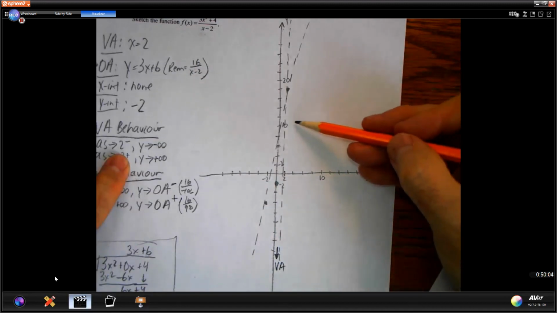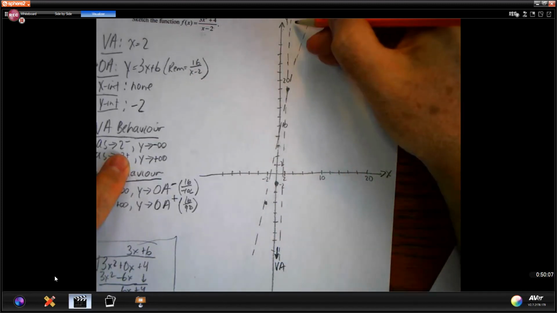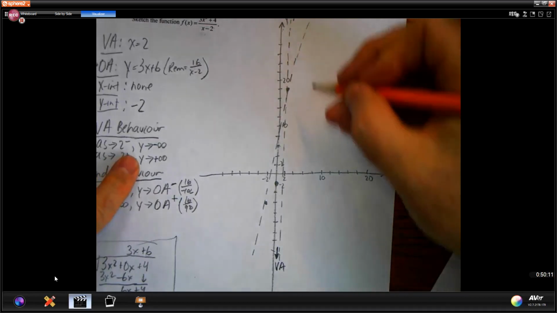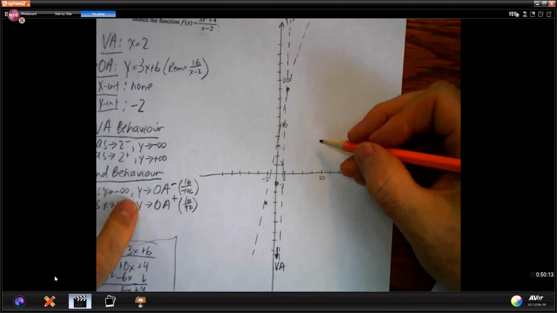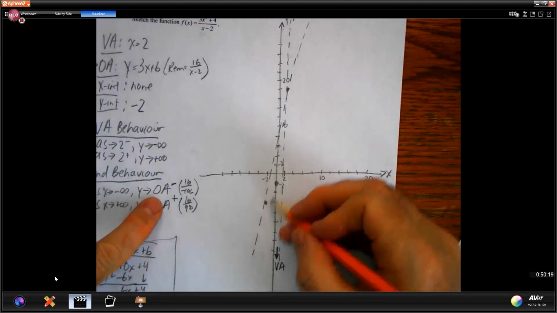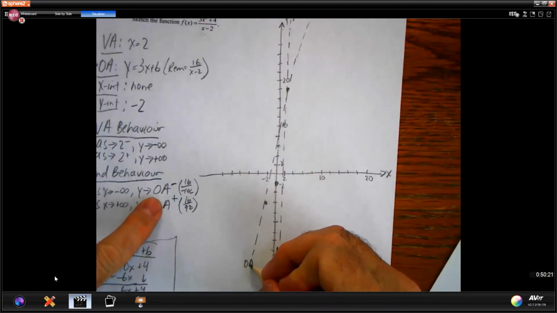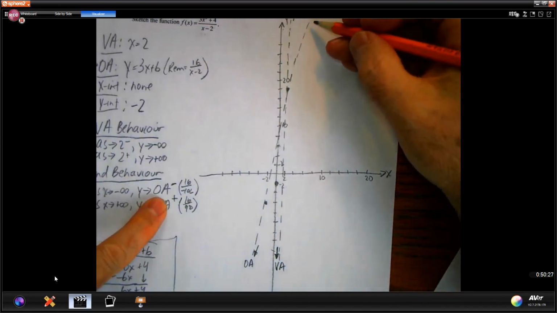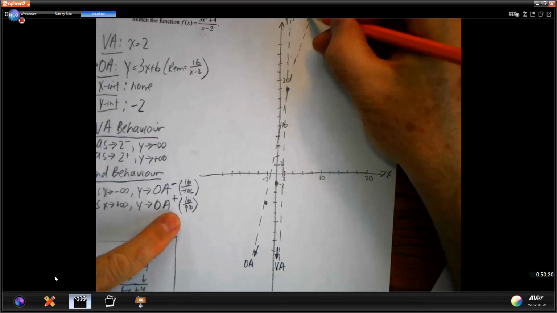As I approach the vertical asymptote from the right side, I'm heading up to positive infinity, so it's up here. And then the end behavior: as I'm going towards negative infinity, y is approaching the oblique asymptote, which is here, from below. So below is right here. And as I'm heading off to positive infinity, I'm coming from above.